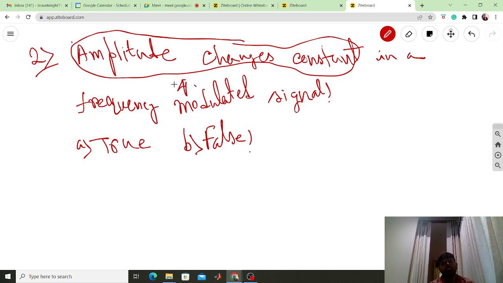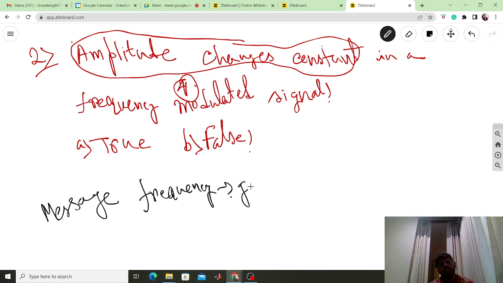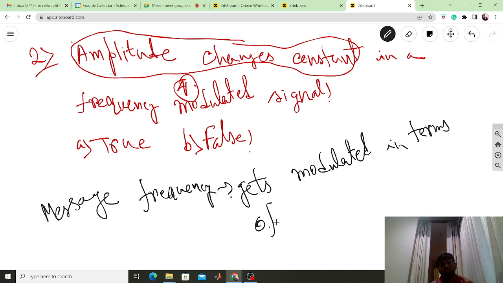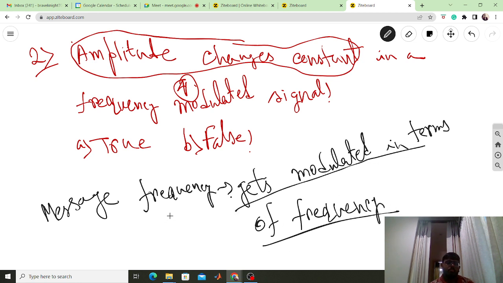So we know whatever the message frequency is, this gets modulated in terms of frequency, but amplitude remains constant.